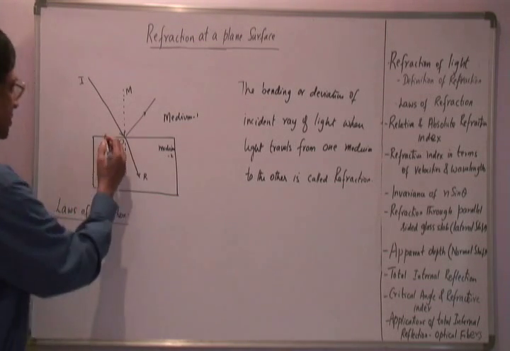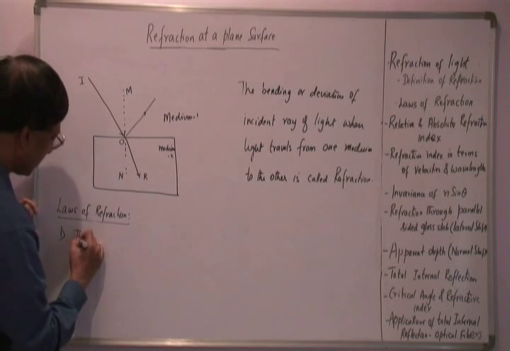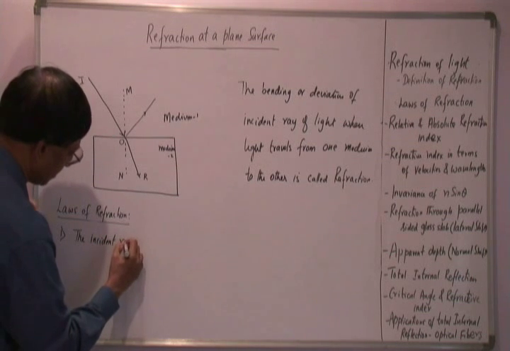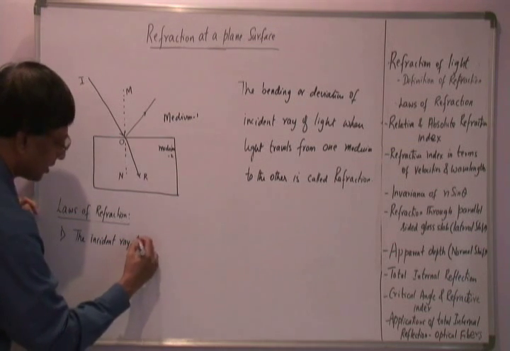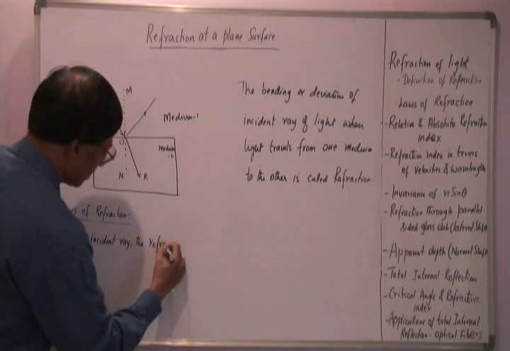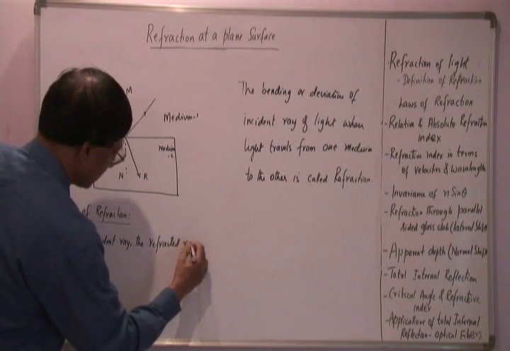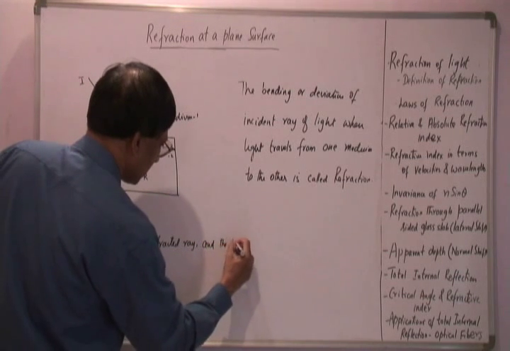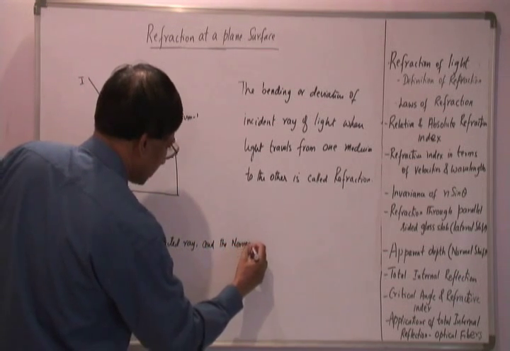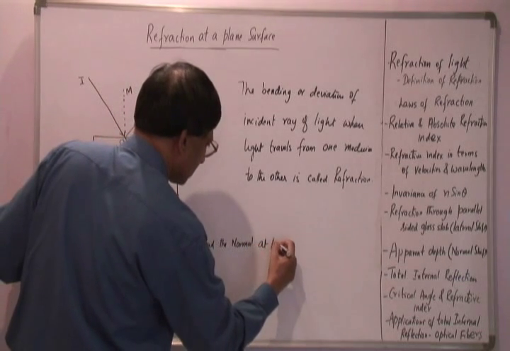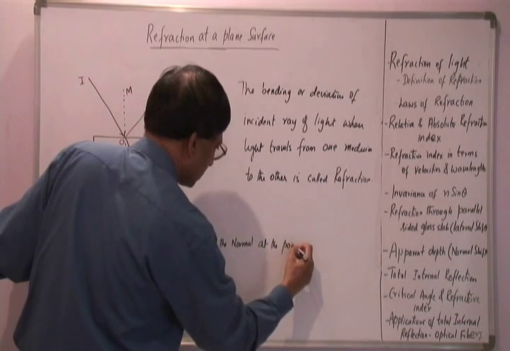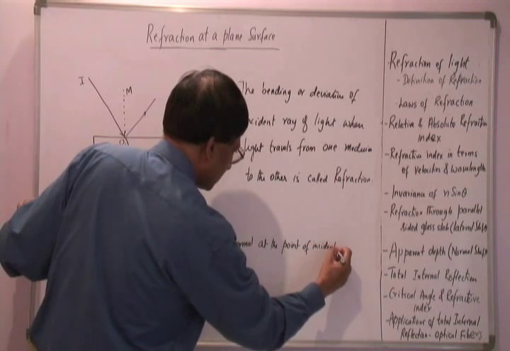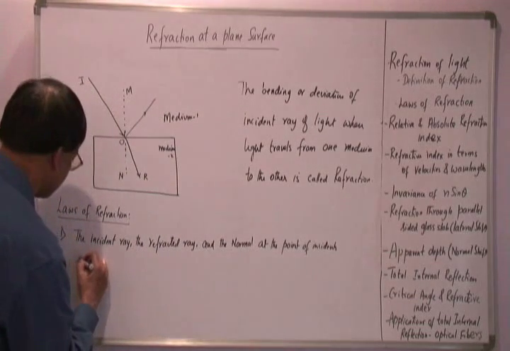The first law of refraction states the incident ray, the refracted ray, and the normal at the point of incidence, all lie in the same plane.